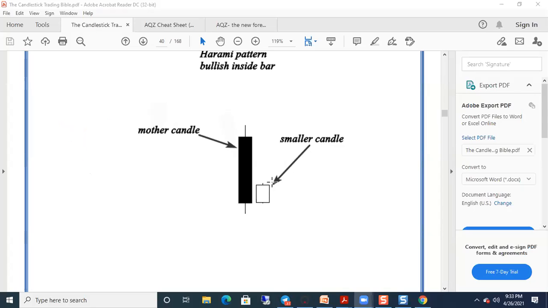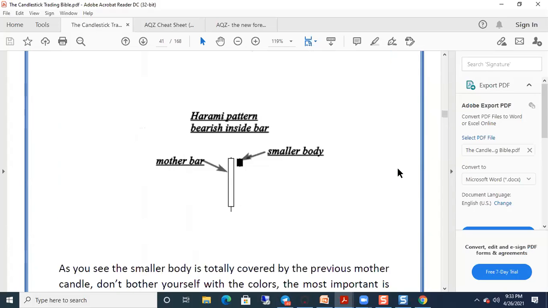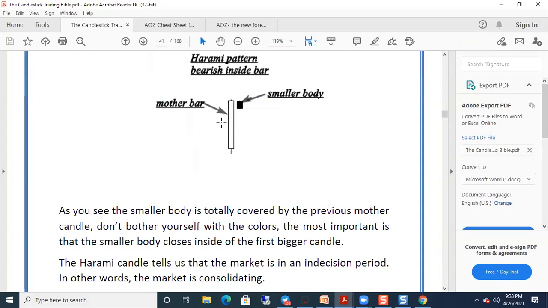When we have a bullish candle inside a large bearish candle, we'll call it a bullish inside bar. And of course, the opposite is true for a bearish inside bar.